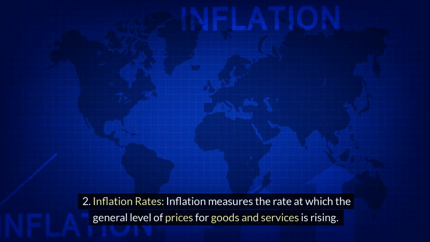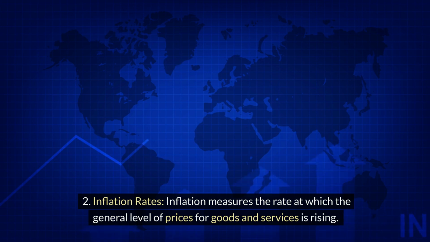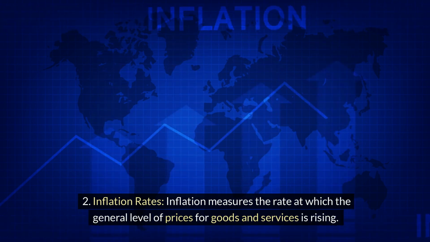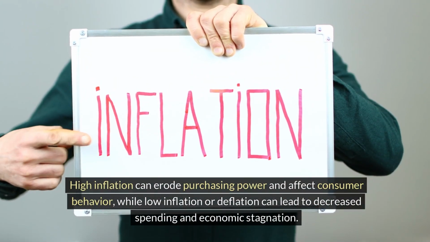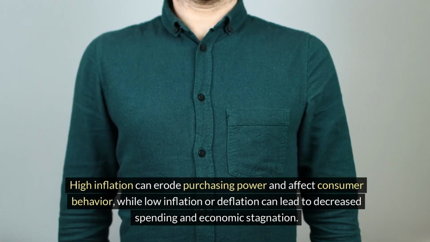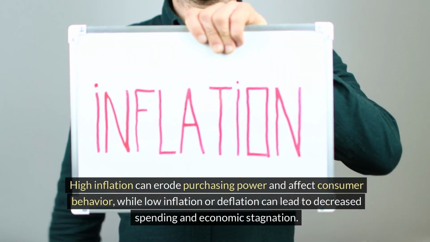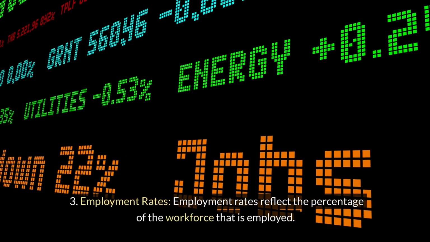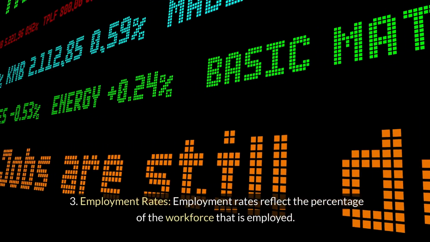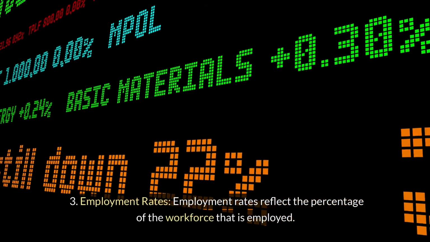2. Inflation rates. Inflation measures the rate at which the general level of prices for goods and services is rising. High inflation can erode purchasing power and affect consumer behavior, while low inflation or deflation can lead to decreased spending and economic stagnation. 3. Employment rates. Employment rates reflect the percentage of the workforce that is employed.